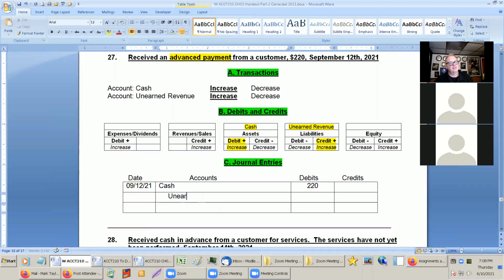Unearned, and this is a liability. And it's also going up, 220. The liability is going up because now we owe more. We owe $220 now. Until we do the work, if we don't do the work, we have to pay it back.